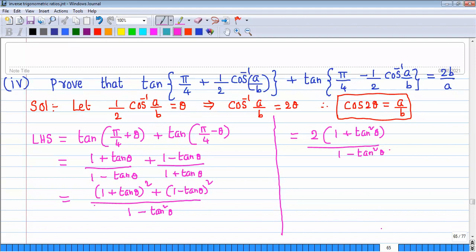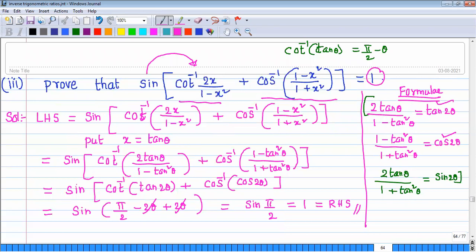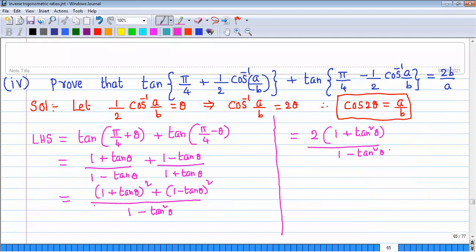See, go back. 1 minus tan square theta by 1 plus tan square theta is how much? Cos 2 theta. Now 1 plus tan square theta by 1 minus tan square theta, for our convenience, we can write 2 upon 1 minus tan square theta by 1 plus tan square theta.